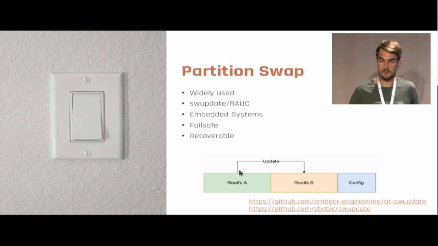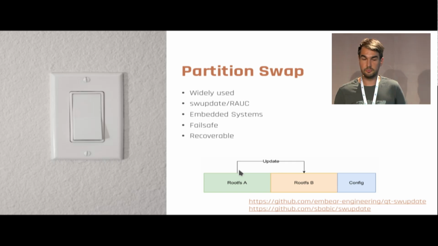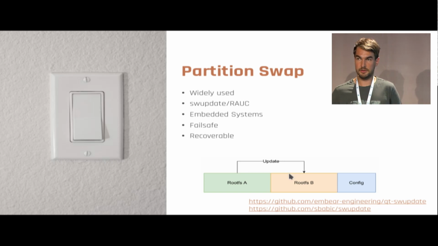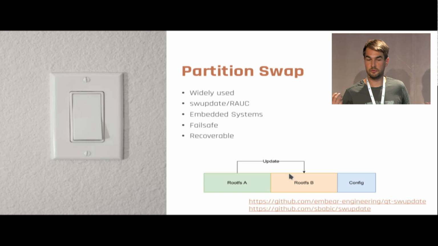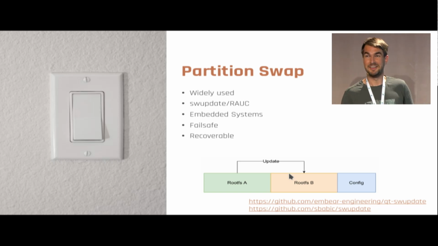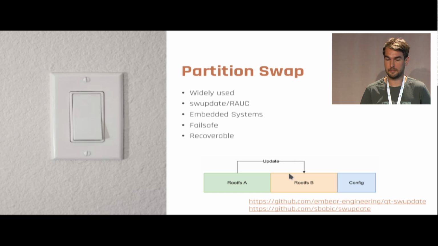That's the only thing which is necessary for this mechanism. You can also make it recoverable. Recoverable would mean if you boot into the root file system B, and at one point the system crashes because you have a misconfiguration maybe, or your application has a bug which you didn't find during testing, which shouldn't happen, then you could roll back to the old version.